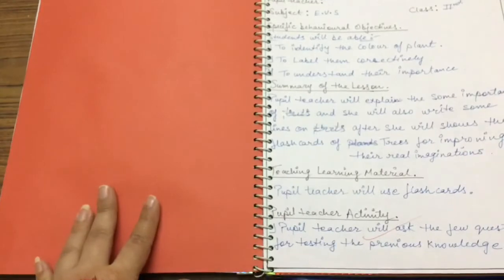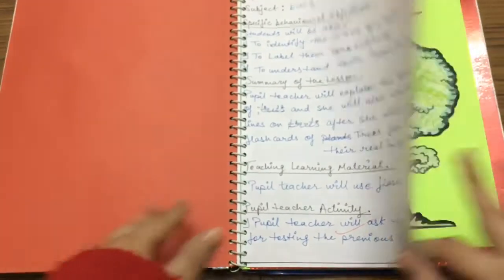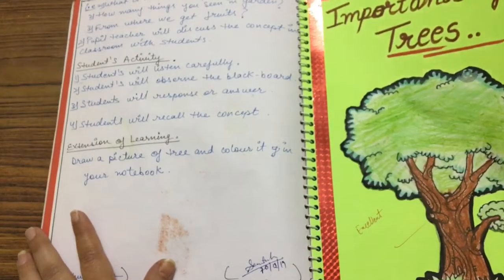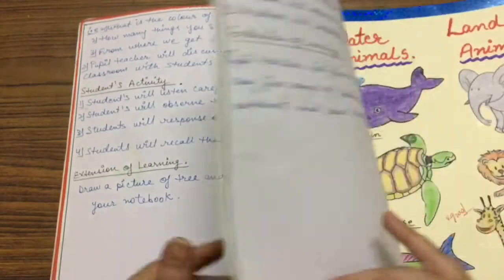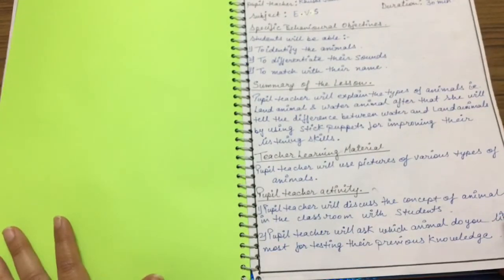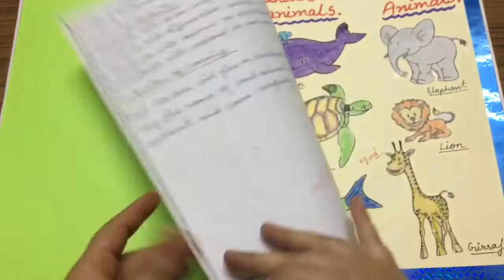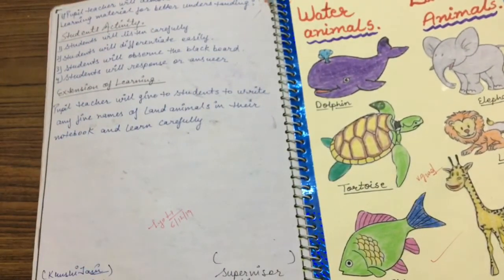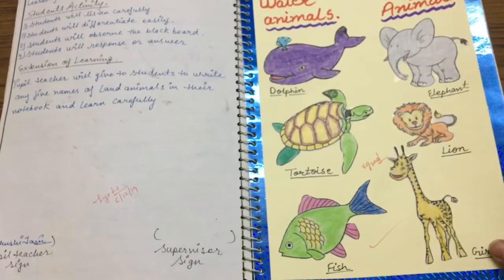Importance of trees. Types of animals, miniatures.